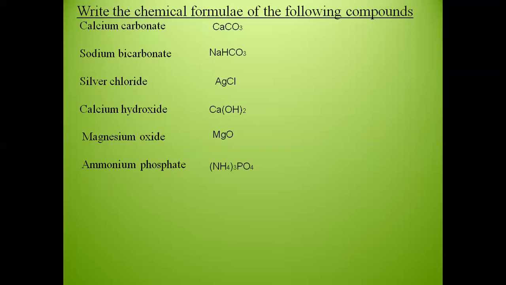The formula for ammonium is NH4, which is having valency 1. And phosphate is having the formula PO4 and valency 3. And the 3 valency of phosphate is given to ammonium. But because ammonium is a composite radical, I have put it in brackets, and outside the bracket I have written 3. Is it clear? So ammonium phosphate becomes (NH4) thrice PO4.